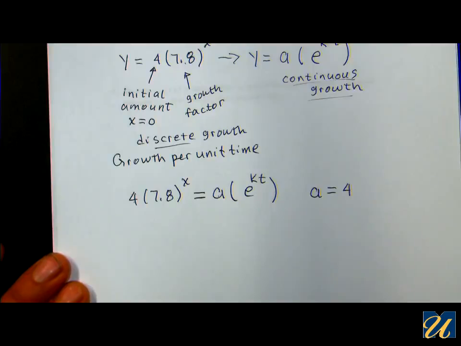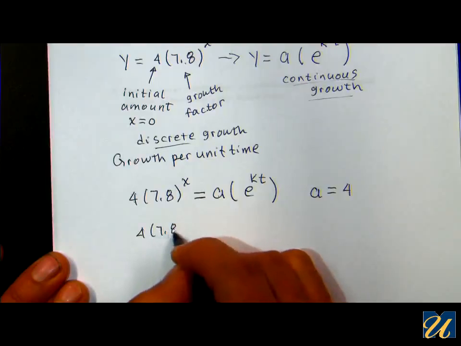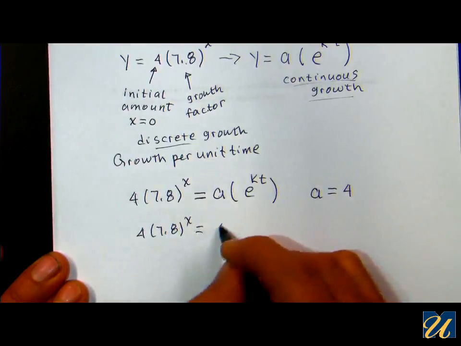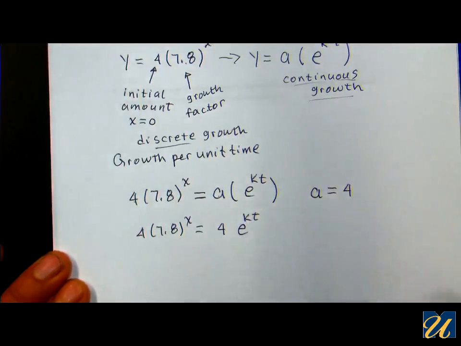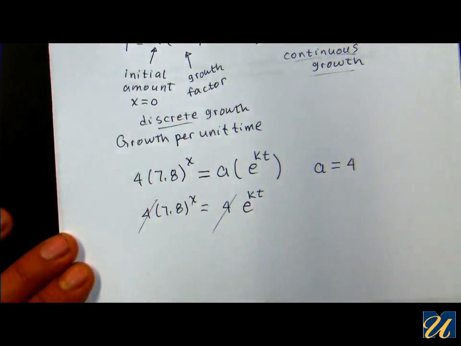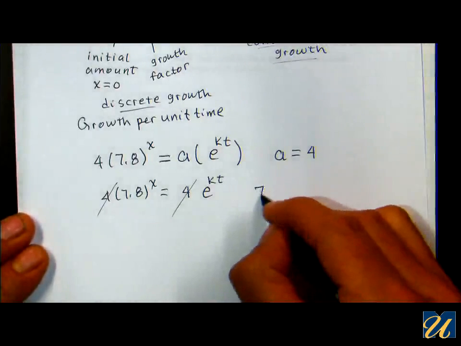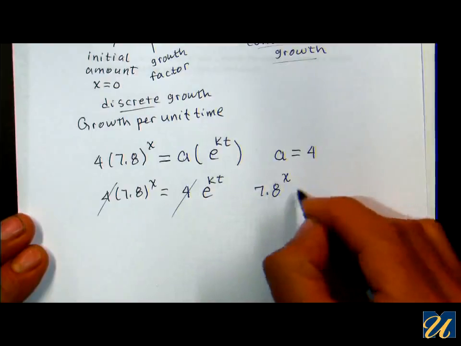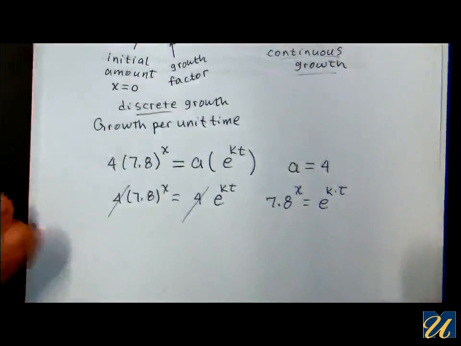So the a is taken care of. In other words, 4 times 7.8 to the x must be equal to 4e to the kt. We can divide both sides by 4 and eliminate that quantity. So what this boils down to is that 7.8 to the x must equal e to the k times t.